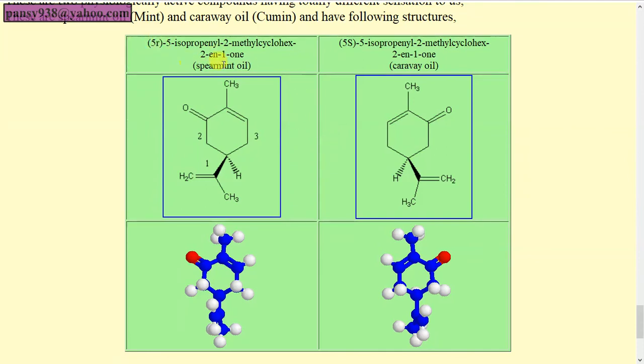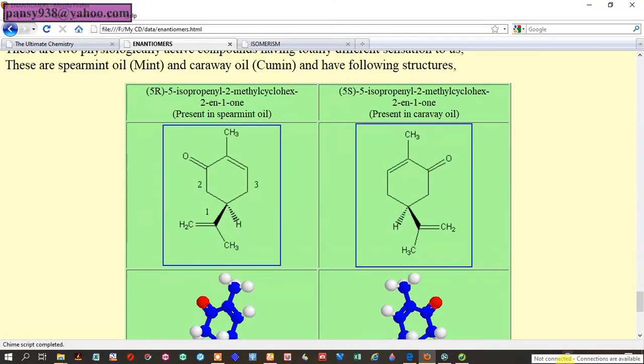This R series compound, we have to represent this R in capital form, as this S is in capital form.